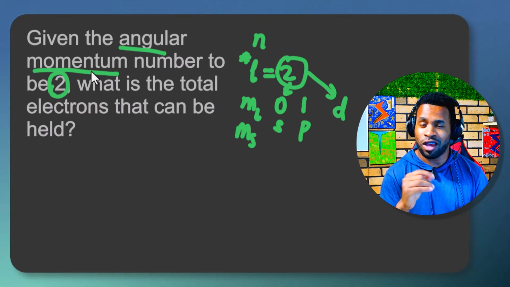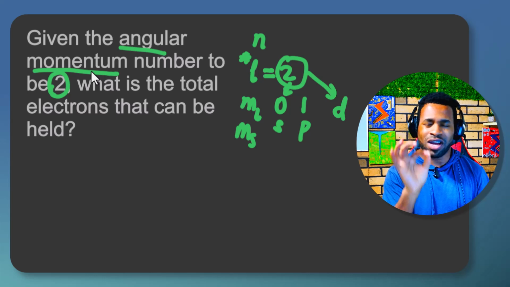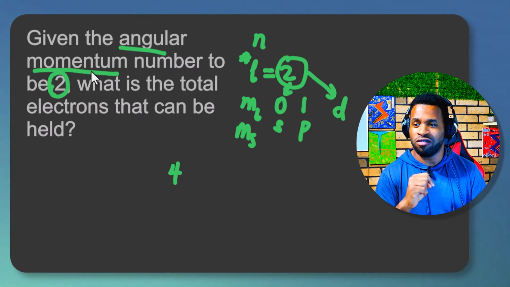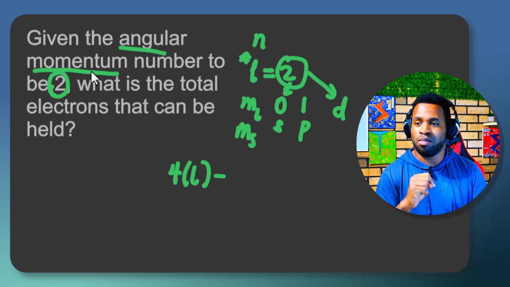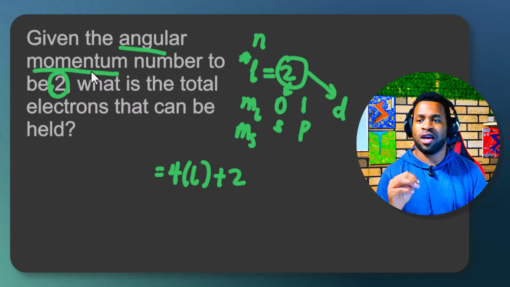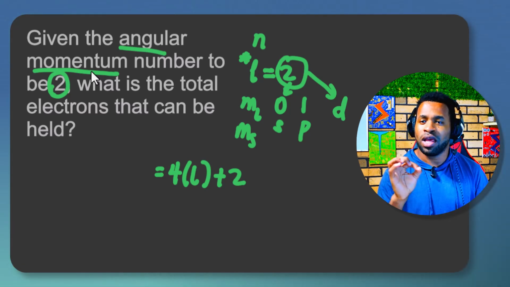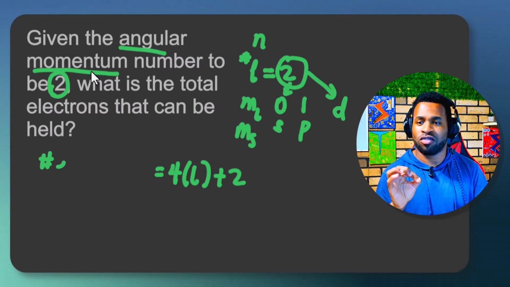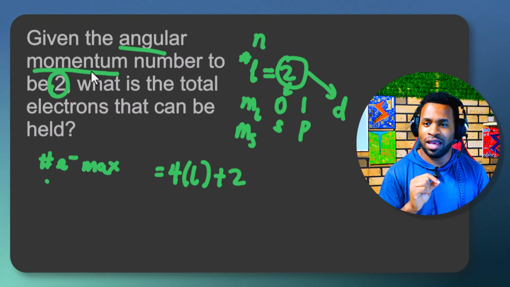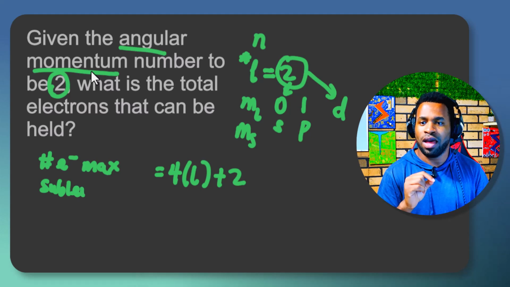And this looks at a fantastic formula that you should remember, which is 4 bracket l plus 2. And what does this mean? This means that we can determine the maximum number of electrons that can be held at a specific sub-level.